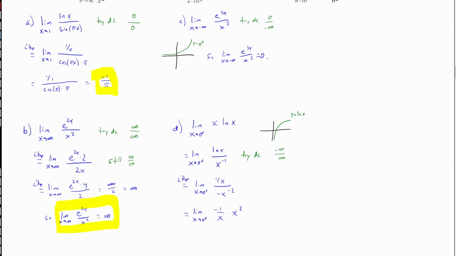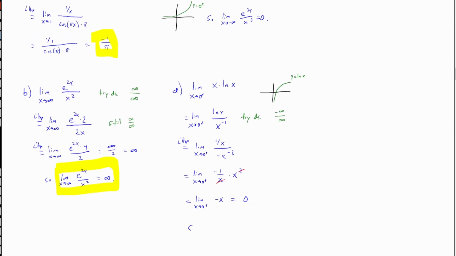And x squared over x can simplify a little bit. So we have the limit as x approaches 0 from the right of negative x, and direct substitution will just give us 0. Summarizing, the limit as x approaches 0 of x times ln of x is 0.